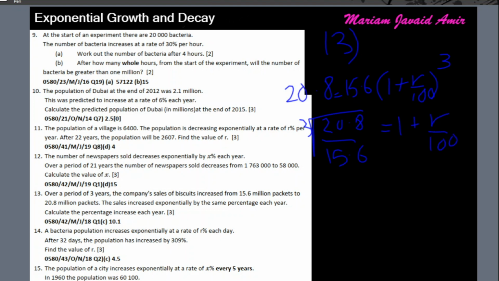So 20.8 divided by 15.6, cube root of answer is 1.10640064, etc. minus 1 equals r over 100, into 100 will give me 10.06, which correct to 3 significant figure becomes 10.1%. Okay. Question 14.